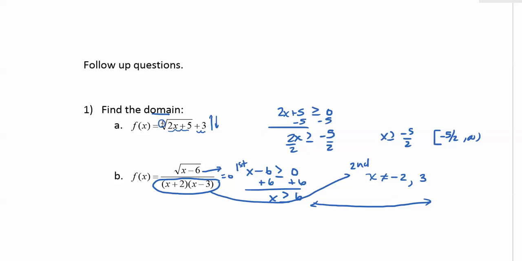So the square root says x is greater or equal to 6, but it says x cannot be negative 2 or 3. So on my number line, I have negative 2, I have 3, but x must be greater or equal to 6.